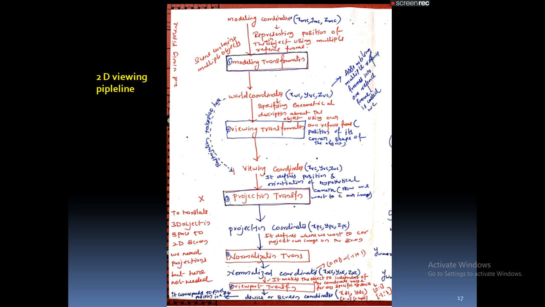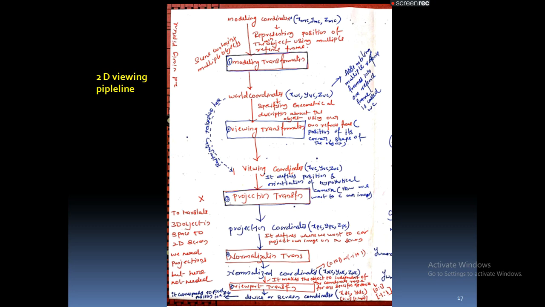We need modeling and we need viewing. Modeling defines how to create the image. After creating the image, means after performing modeling, next we need to perform two-dimensional viewing. Two-dimensional viewing defines how to display the already created image on the screen of the monitor.